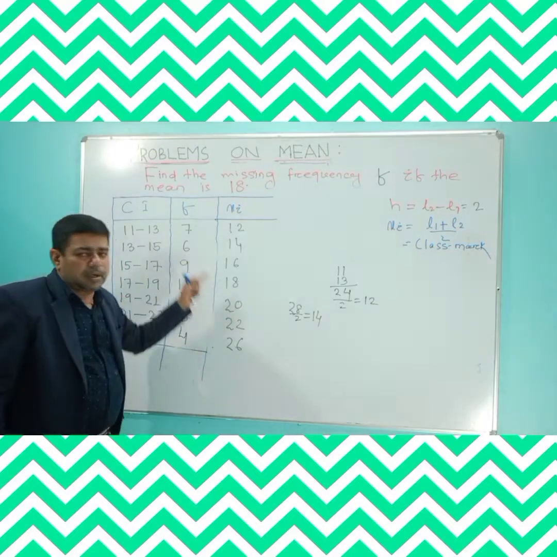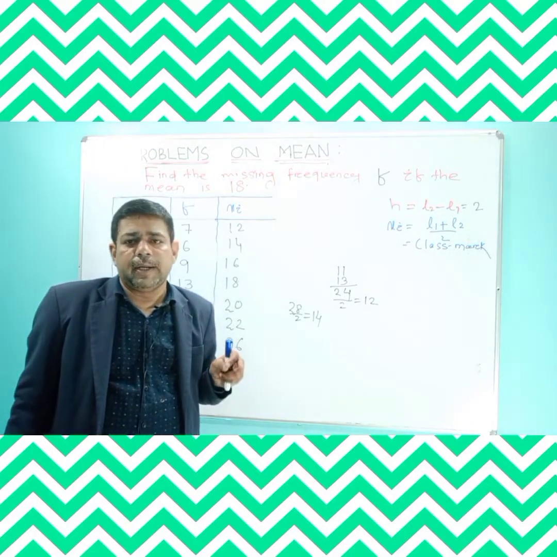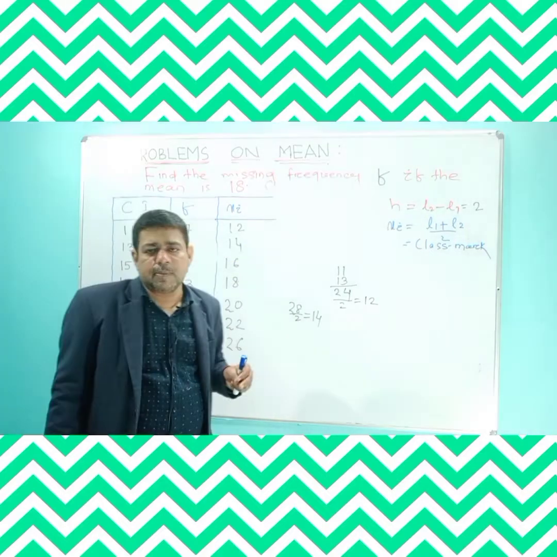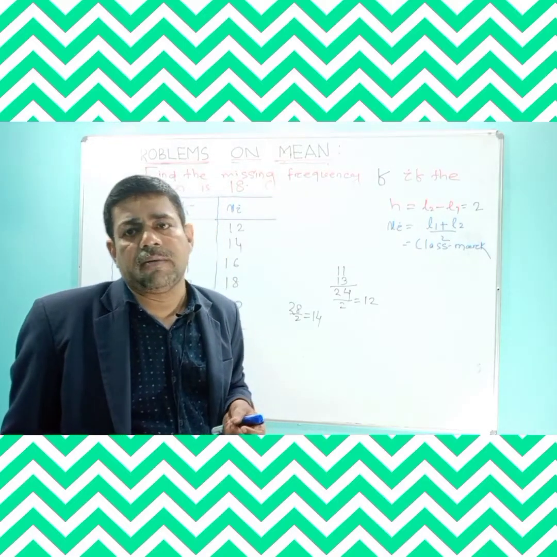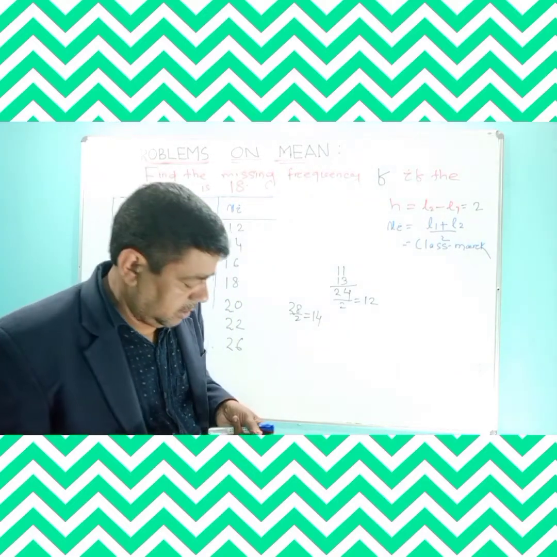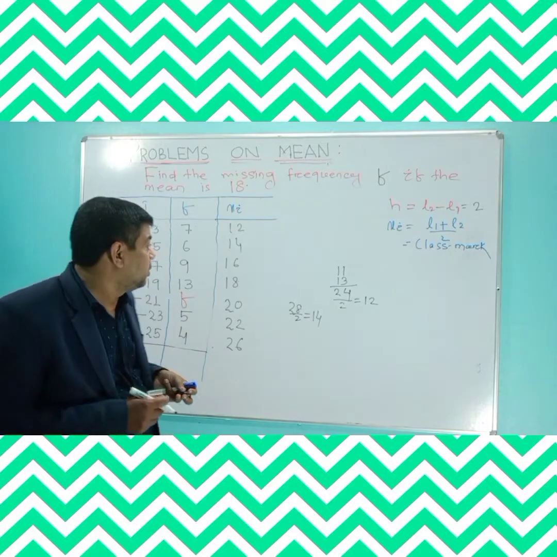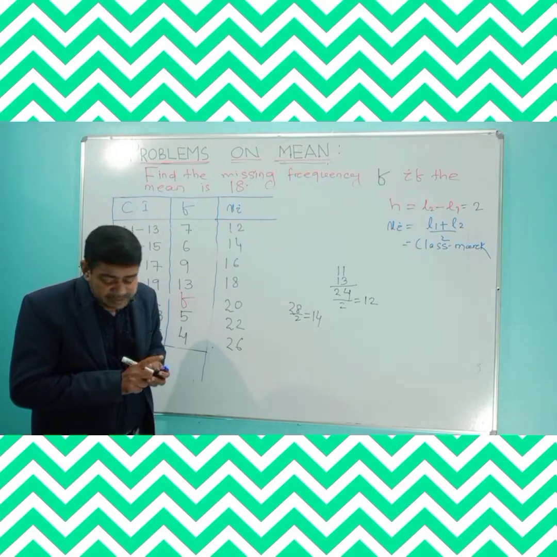So you can also check by the formula. You can find the class mark by adding the class size to the previous class mark, to find the next class interval. This is how you have to find out the value of xi.